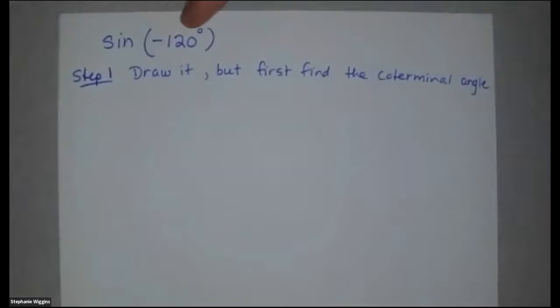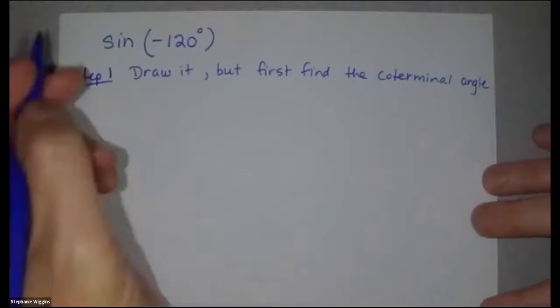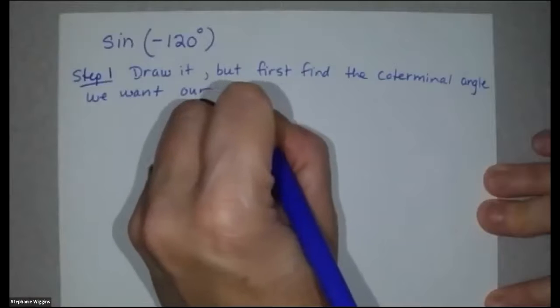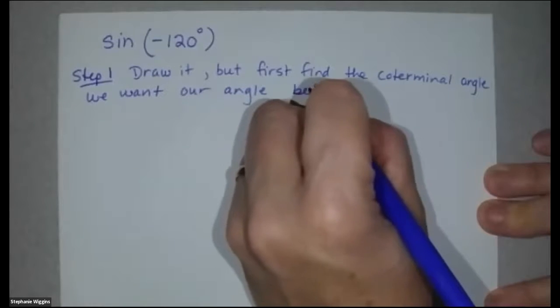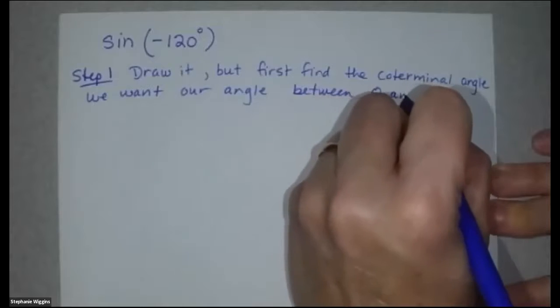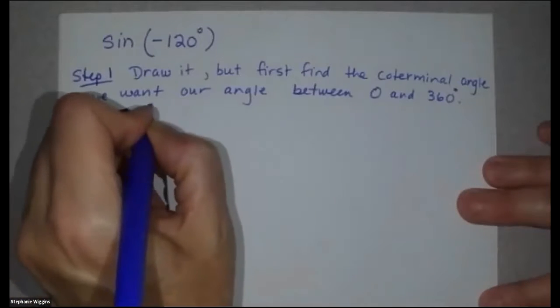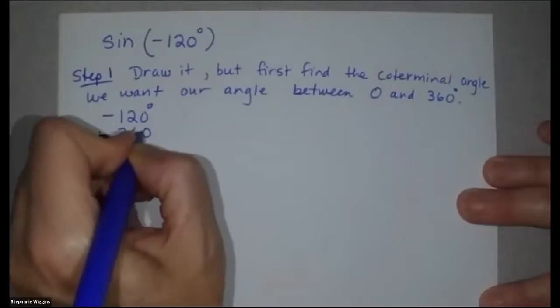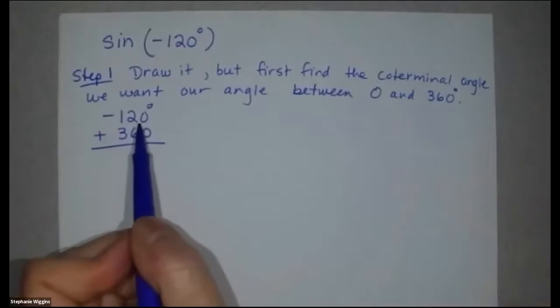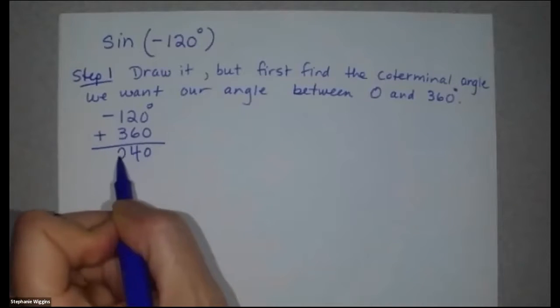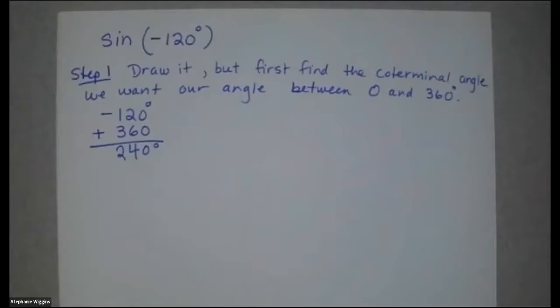Okay, because negative 120 degrees is not in the range from 0 to 360, okay? All right, so I'm going to add 360 to my angle. And so we're basically subtracting 120 from 360, and that's 6 minus 2 is 4, 3 minus 1 is 2, so my coterminal angle is 240 degrees.